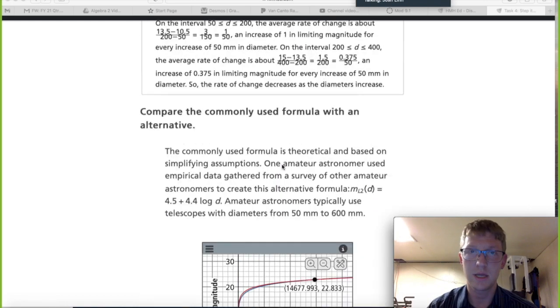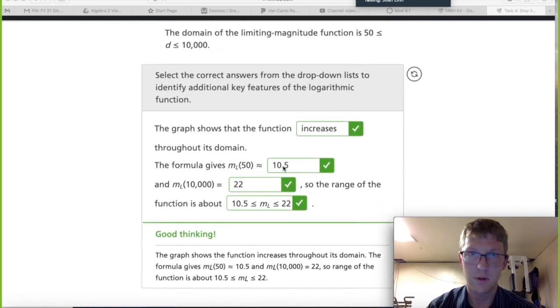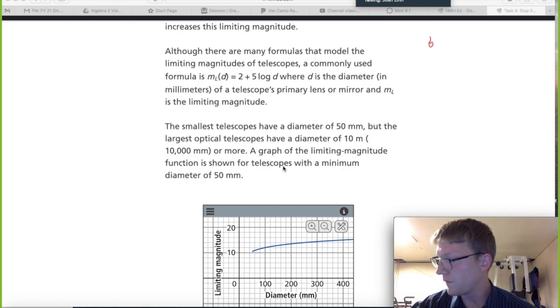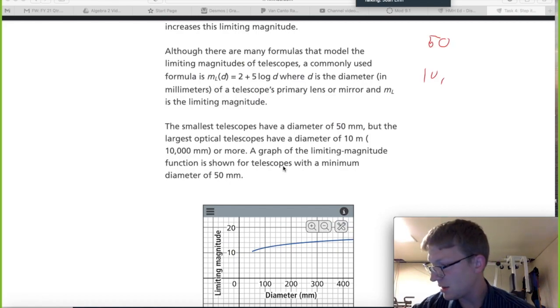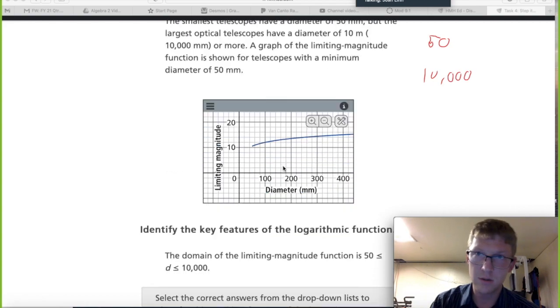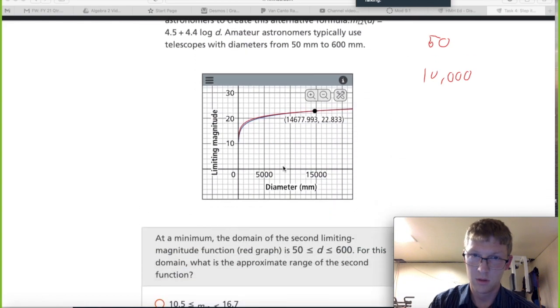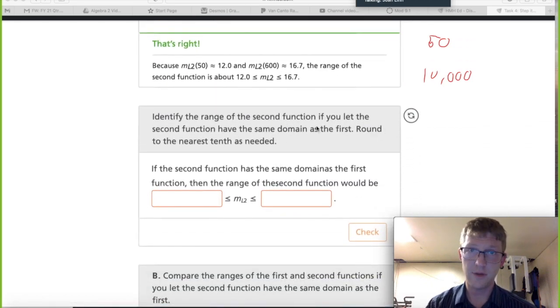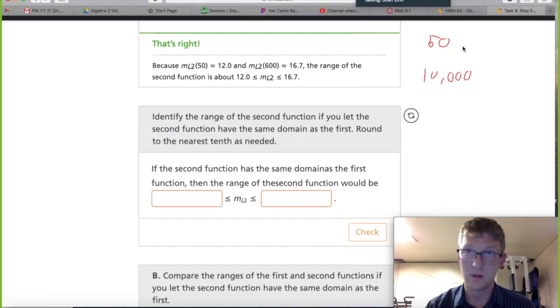So that went from 50 millimeters to 10,000 millimeters. So identify the range of the second function, the amateur function, with the domain 50 to 10,000.